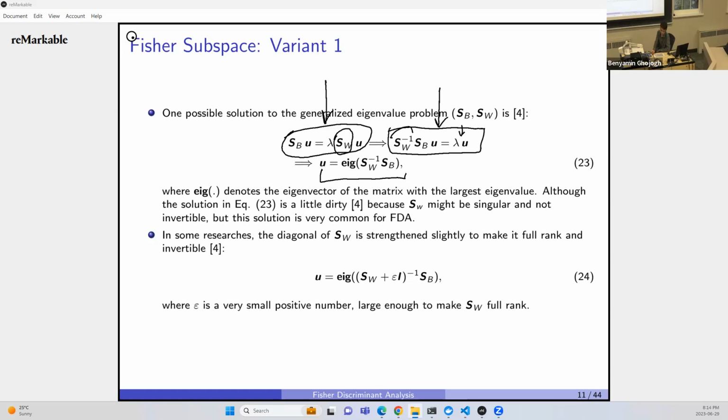SW inverse SB. Now, whenever you have an inverse, you should be scared. Why? Because in the computer, you might face an error, because it might not be invertible. It might not be full rank. There is a hack. We strengthen the main diagonal with some very small positive value, epsilon, to make it full rank.